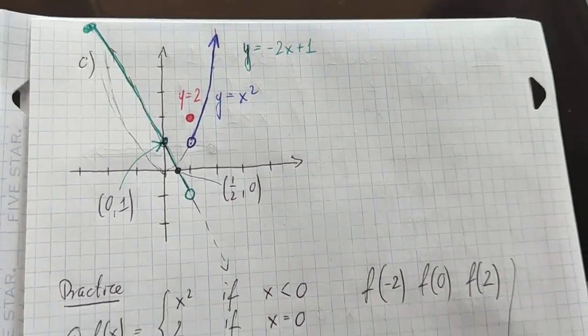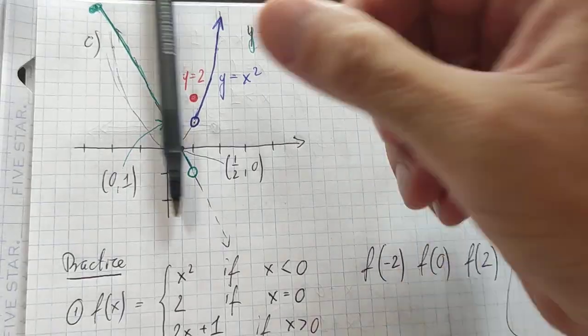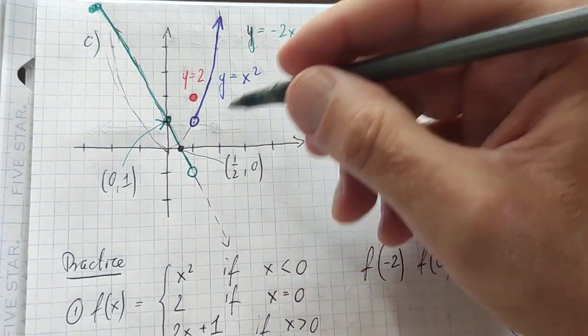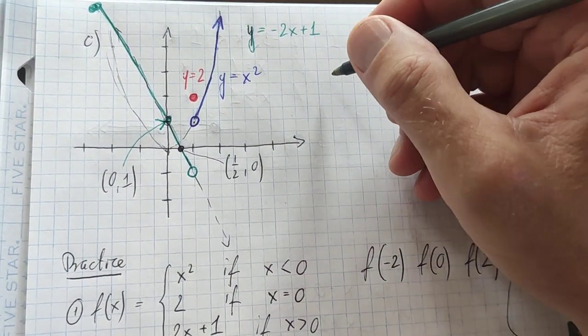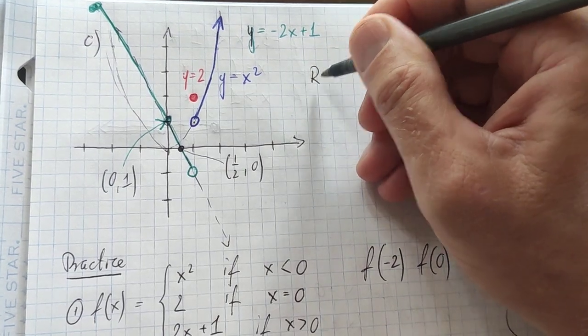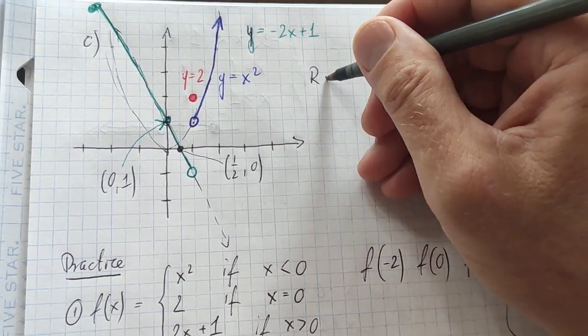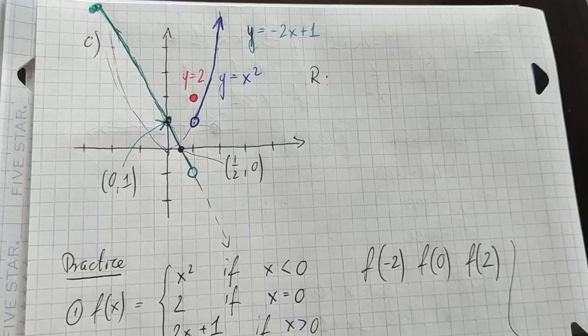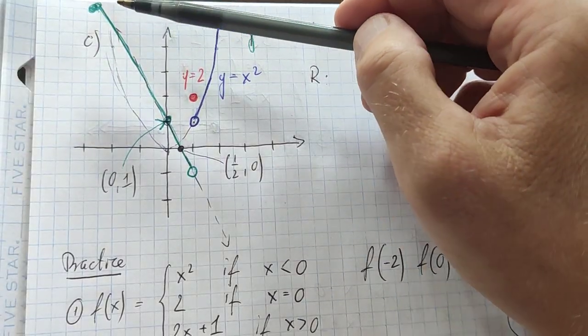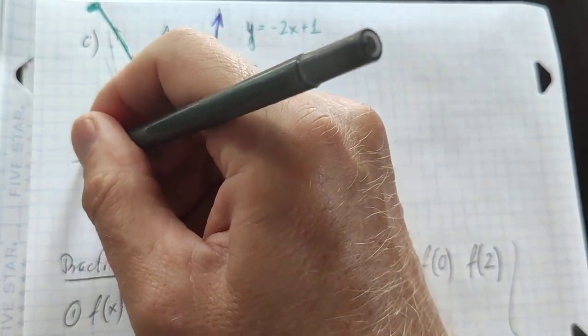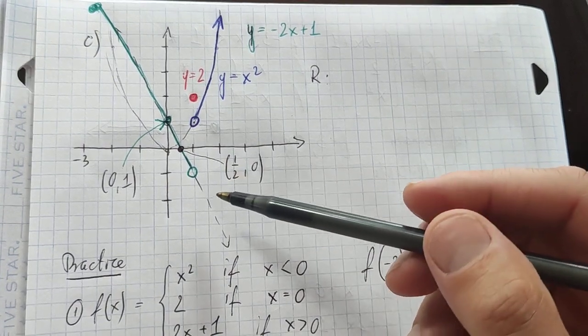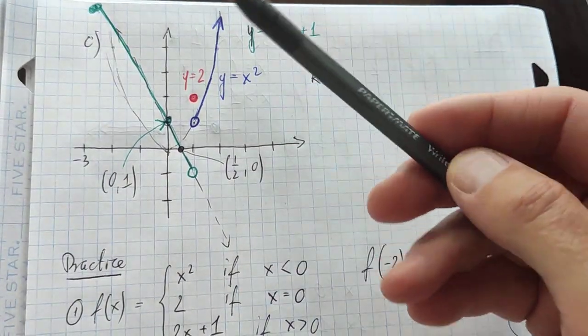Okay, for our second example. So range, I hope you can see this easily. Let me just look at domain first. Okay, so we decided domain was from -3, right, which was right there, to infinity, and yeah, that's right.